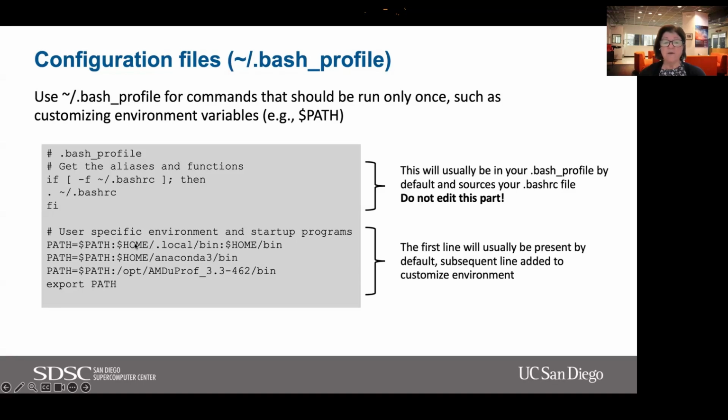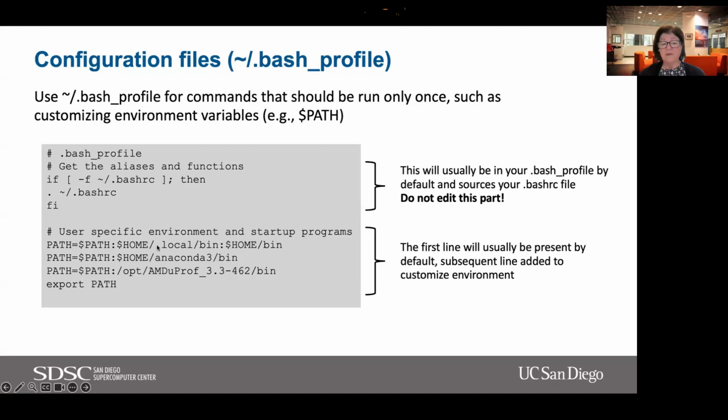And if you have a binary you want to be seen first and run before other similarly named binaries, you want to put it in your path first. So in this path, you have $HOME/.local/bin, which is a special binary directory in your home directory, and then you could run $HOME/bin.